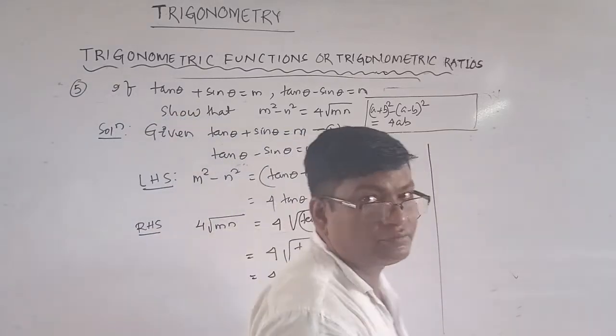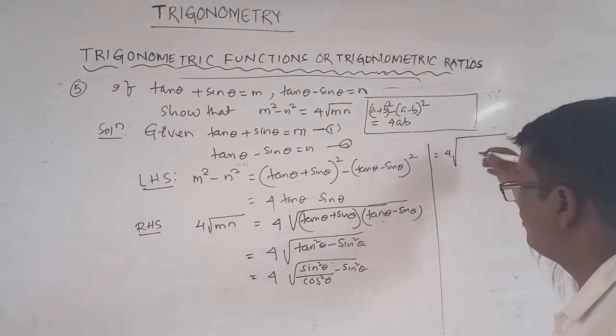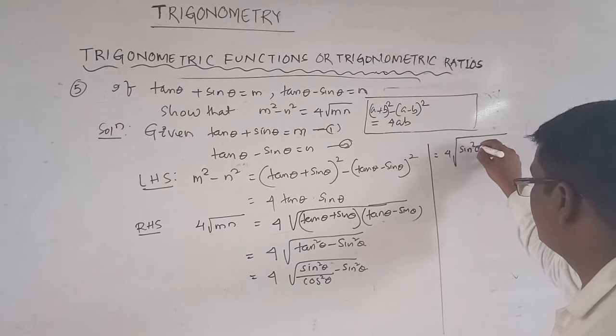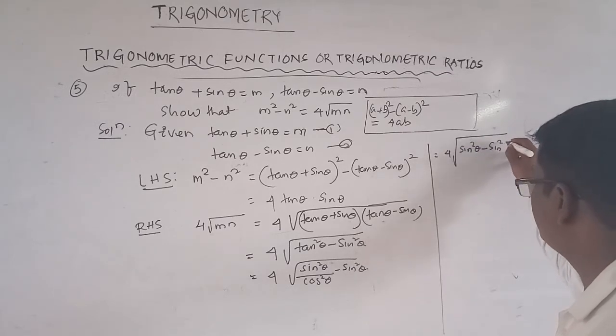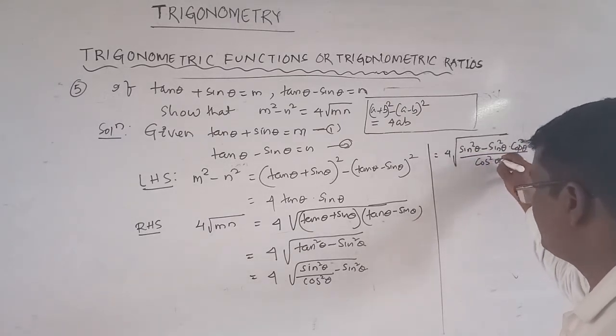Now this is 4 into root over sin square theta minus sin square theta cos square theta by cos square theta.